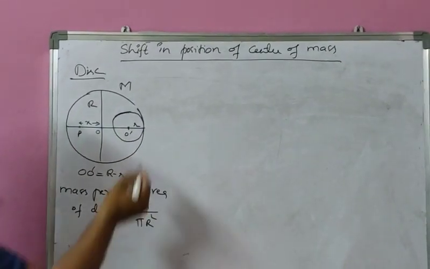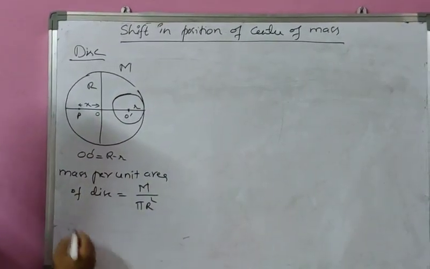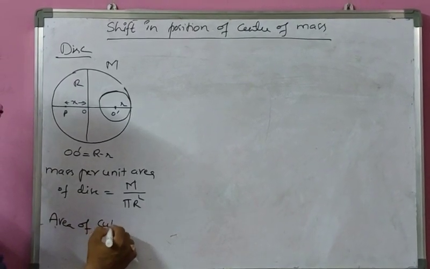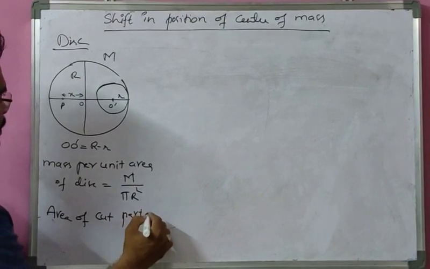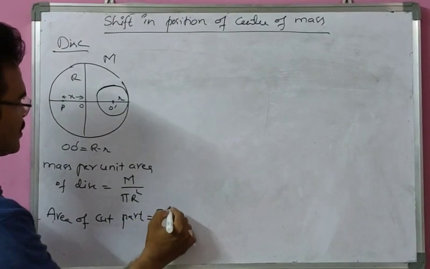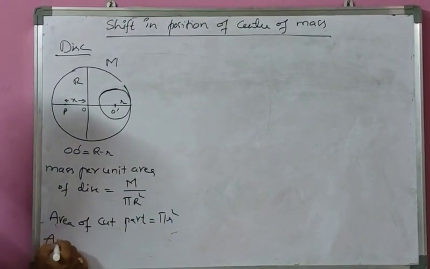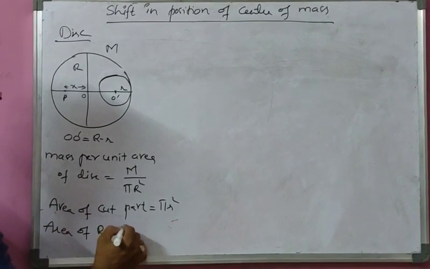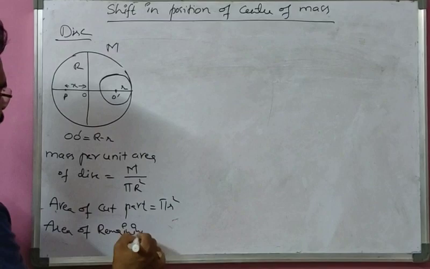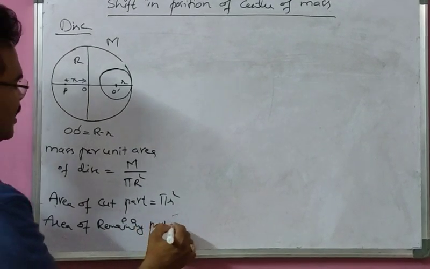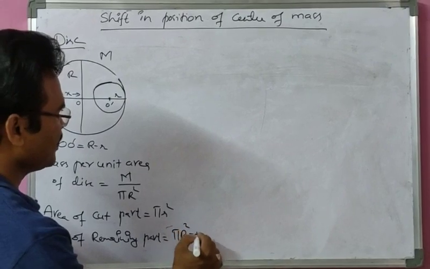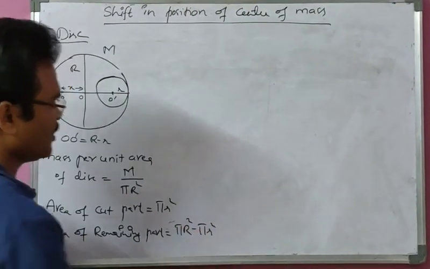Now what is the area of the cut part? That is pi r square, and the area of the remaining part is the total area, that is pi R square minus pi r square.